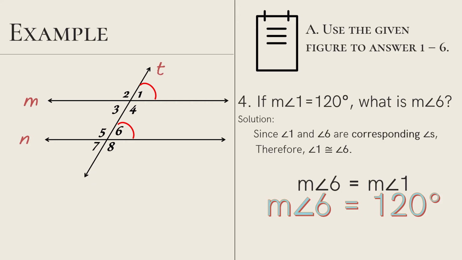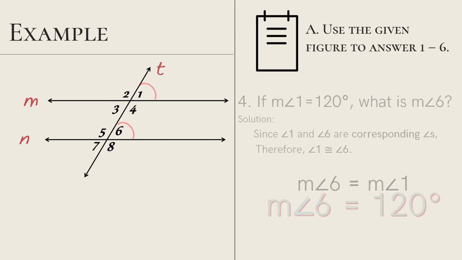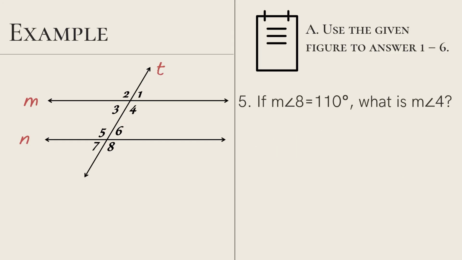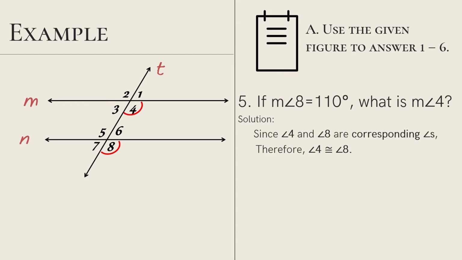Next, for our example number 5, if the measure of angle 8 is equal to 110 degrees, what is the measure of angle 4? For this example, what is the relationship between angle 4 and angle 8? You're right. Angle 4 and angle 8 are corresponding angles. Therefore, angle 4 is congruent to angle 8.